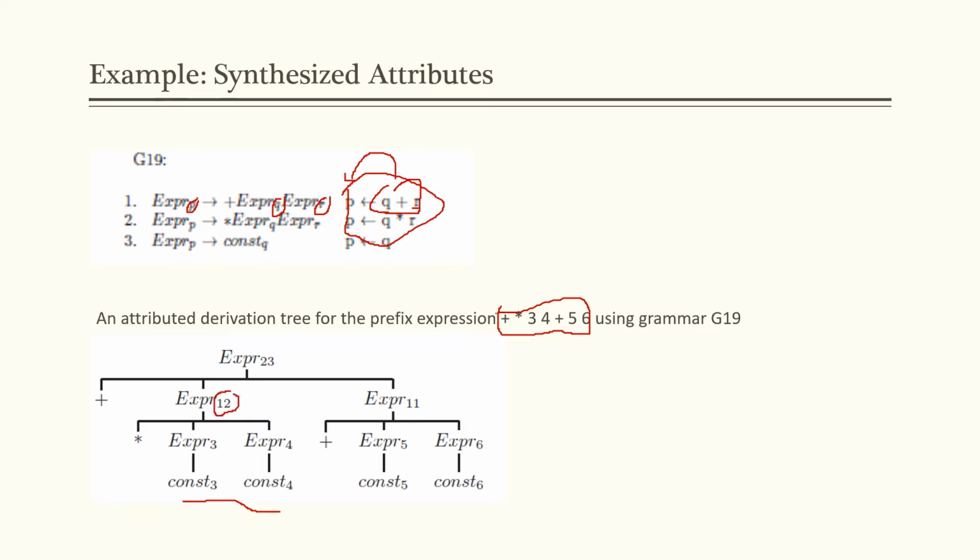This is what we call a synthesized attribute. It means you get the value from the leaf of the subtree, and you return the total information back to the upper level. So that is a synthesized attribute.